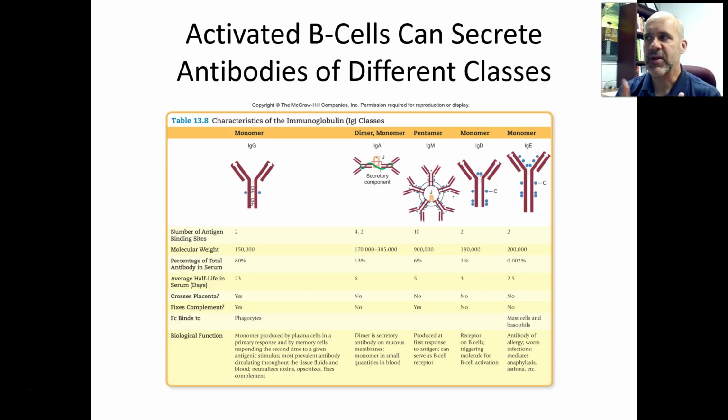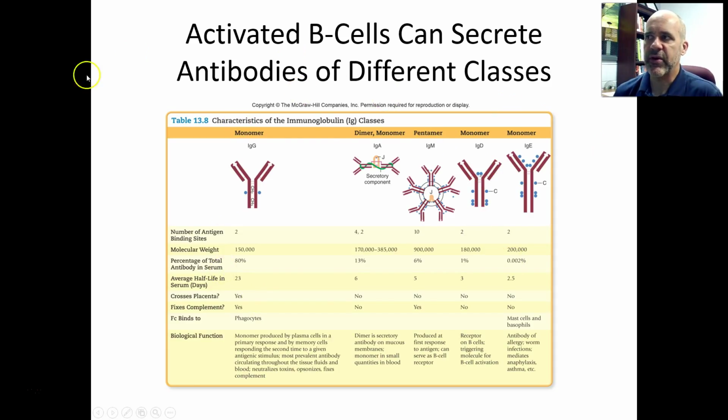Those plasma cells will go through phases where they secrete different classes of antibodies. So the tips, the variable regions of these different antibody classes, are going to attach to the same antigenic determinant, the same epitope, but the antibodies themselves have some different features and characteristics that provide different functions.